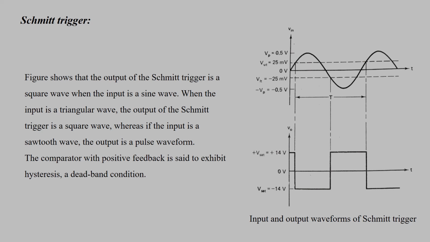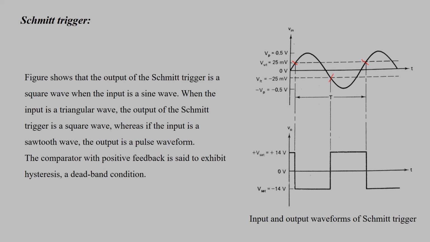Whereas if the input is a sawtooth wave, the output will be a pulse waveform. You can see whenever it crosses VUT going up and VLT going down, it switches from plus Vsat to minus Vsat or minus Vsat to plus Vsat.